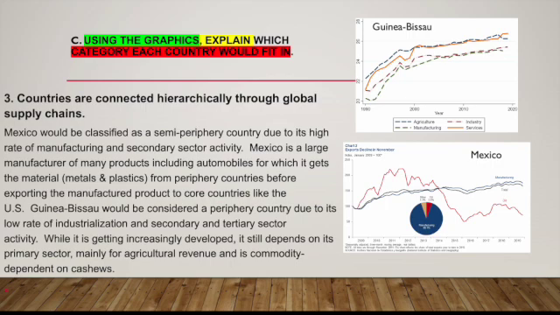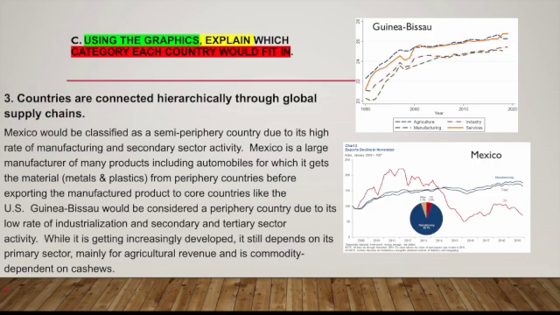Okay, so looking at the graphs, it looks like Mexico would be classified as a semi-periphery country due to its high rate in manufacturing and secondary sector activity. Mexico is a large manufacturer of many products, including automobiles, for which it gets the material, which is metals and plastics, from periphery countries before exporting the manufactured product to core countries like the U.S. Guinea-Bissau would be considered a periphery country due to its low rate of industrialization and secondary and tertiary activity.